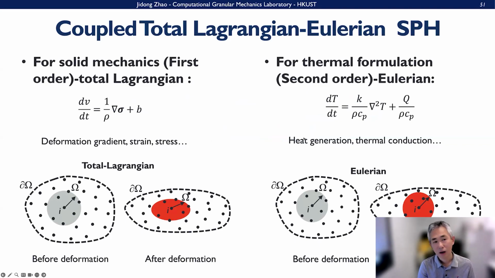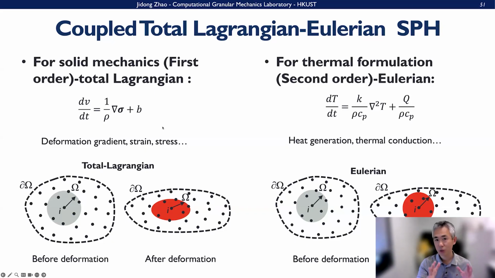We know that the total Lagrangian description is not very convenient to describe flow behaviors, similar to fluid flow, thermal conduction and heat generation. But the Eulerian description is quite convenient for that purpose.